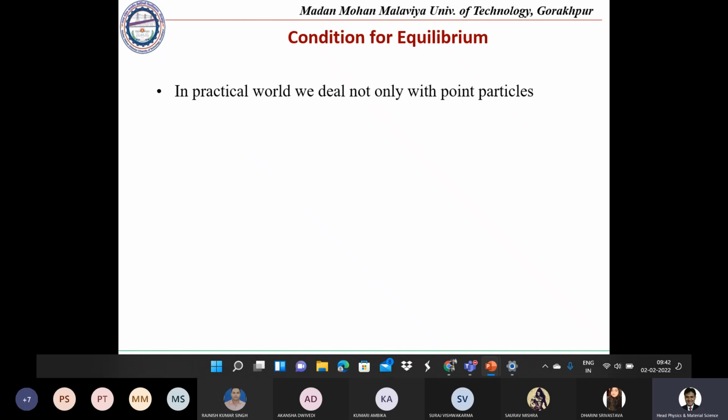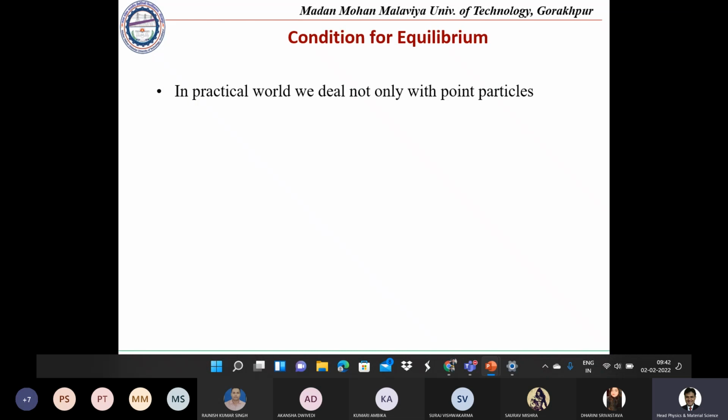In that situation, the length of the rod is responsible, and the distribution of the forces, as well as other important aspects related to the force acting on that rod at different points, at different positions from the point of equilibrium, must be taken into consideration. It means that now we are not considering only a point particle, where the mass is concentrated at a particular point and we wish to discuss its stability.